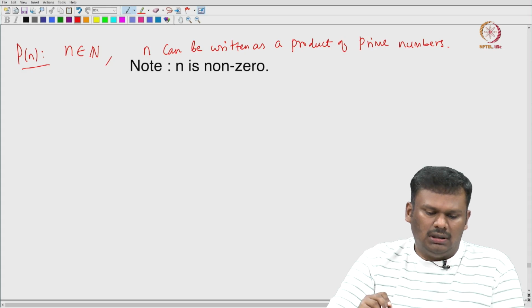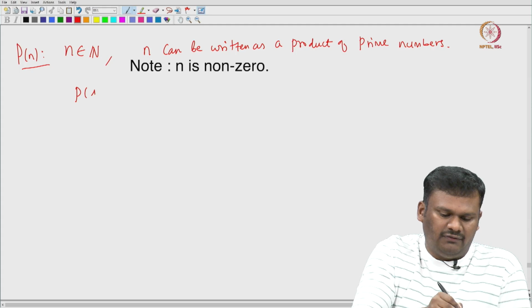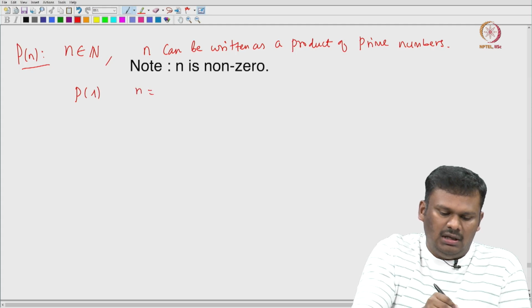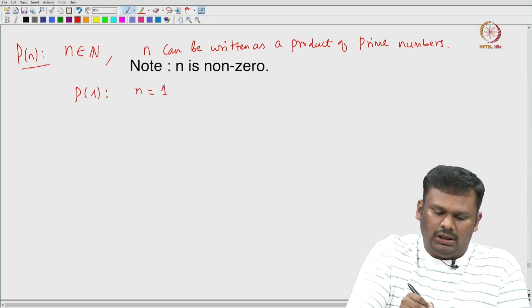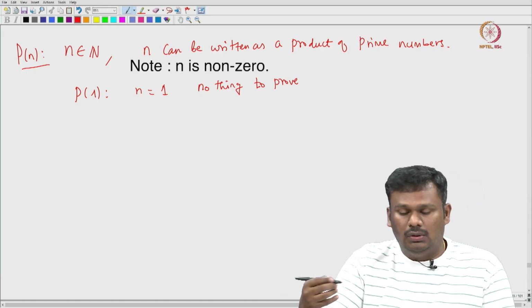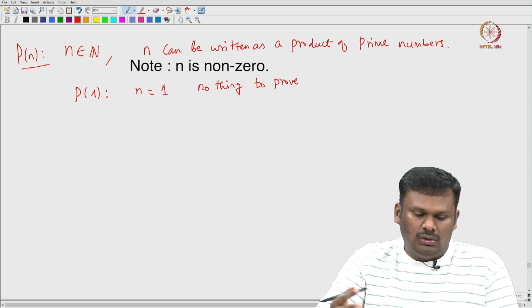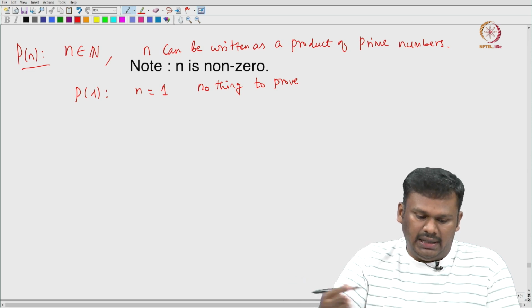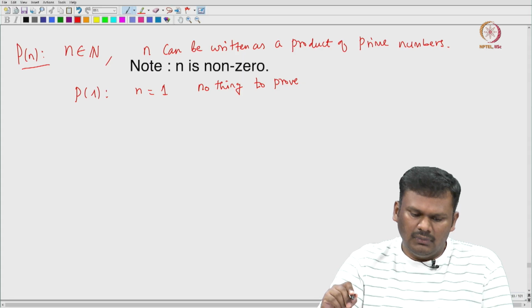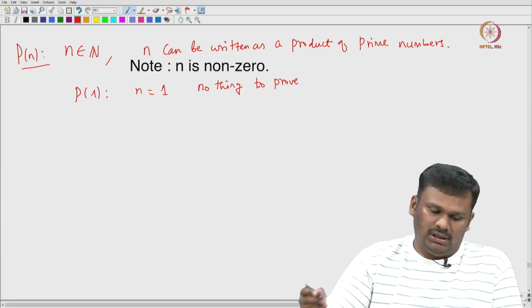So, now how do we verify this? To begin with, there is nothing to verify for P of 1, because when n equals 1, there is nothing to prove, since it is like an empty product. We allow 1 to be a unit, it is not a prime. So, you can just take 1 equal to 1, where you can treat the right side as an empty product.